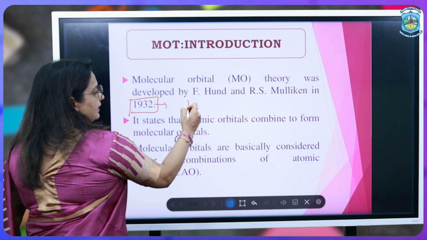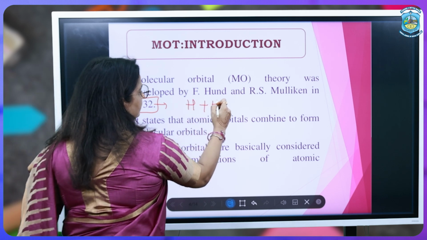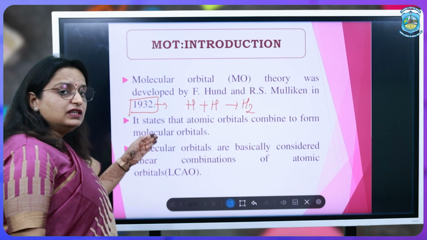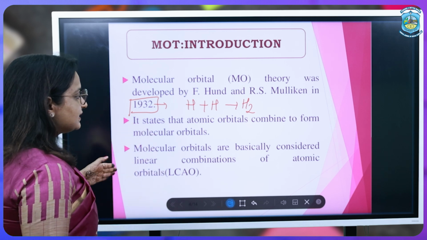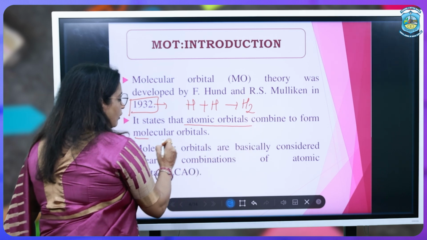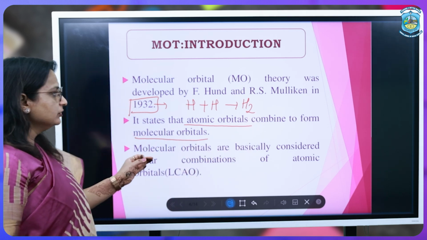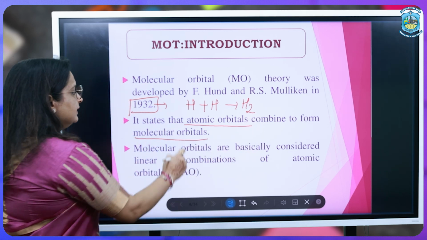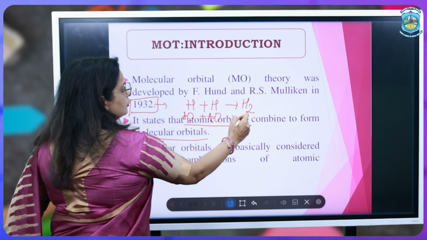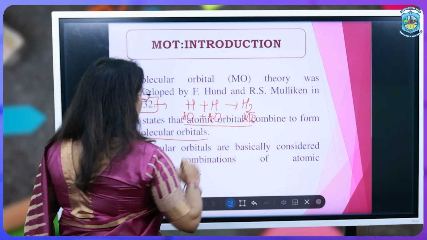For example, if I combine one H atom with another one, we are forming an H2 molecule. So this theory states that atomic orbitals combine to form molecular orbitals. As you know, when atoms are combining, their atomic orbitals are also combining to give you molecular orbitals.